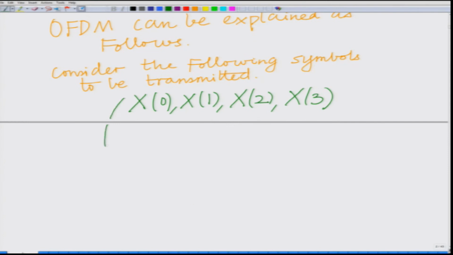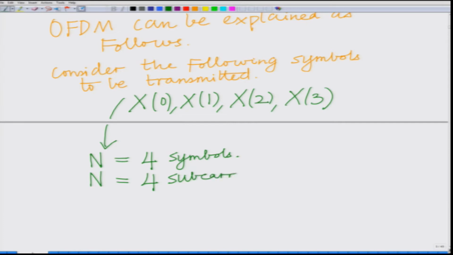So, we have capital N equal to 4 symbols, and this is also termed as the number of subcarriers, capital N equal to 4 subcarriers.